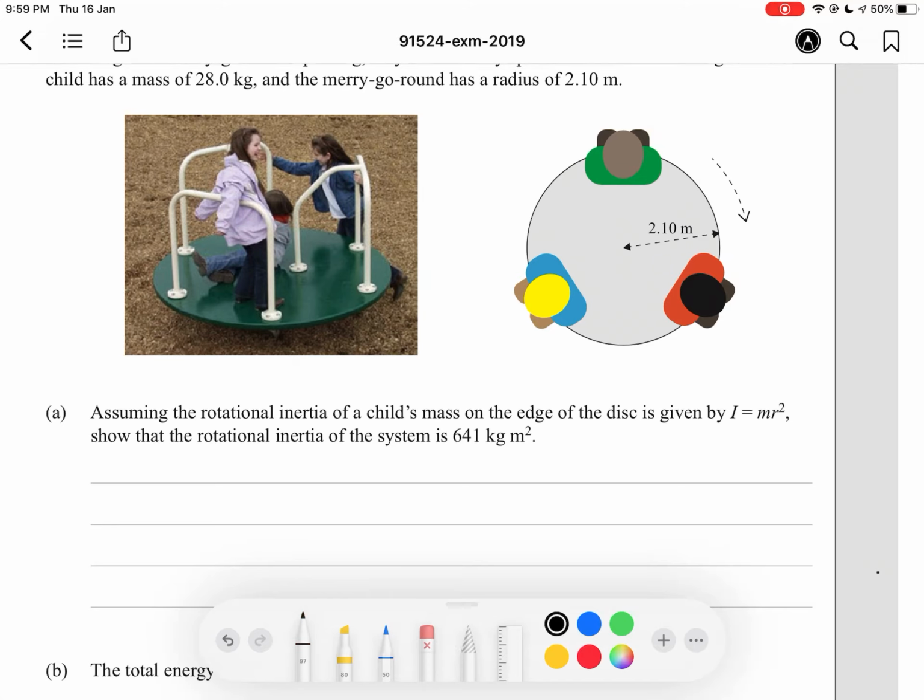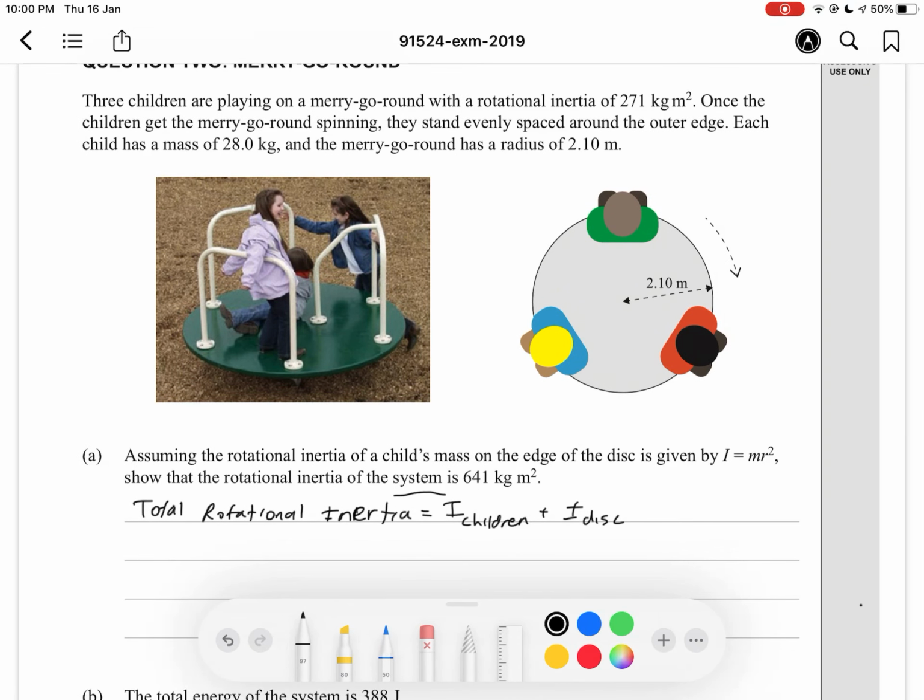So the system consists of the children and the disc, so we can say that the total rotational inertia is equal to the rotational inertia of the children plus the rotational inertia of the disc.